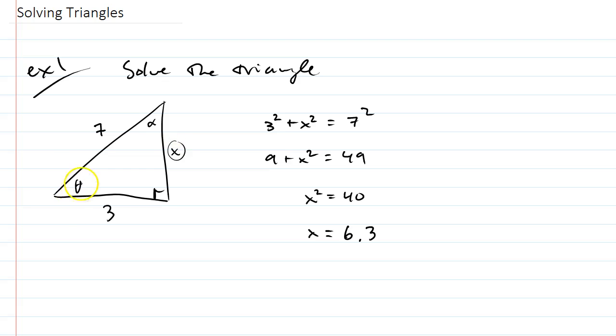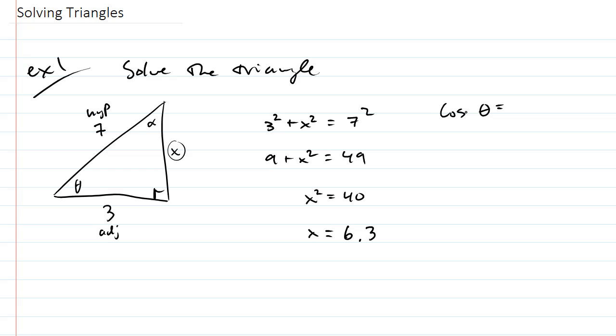Now let's find the angle. I have a couple choices. I have all three sides, so I could use sine, cosine, or tangent. What I'm going to decide is to use the adjacent side and the hypotenuse. Now I'm setting up a trig function. Tangent of theta is equal to, not tangent, it's adjacent over hypotenuse, which is cosine.